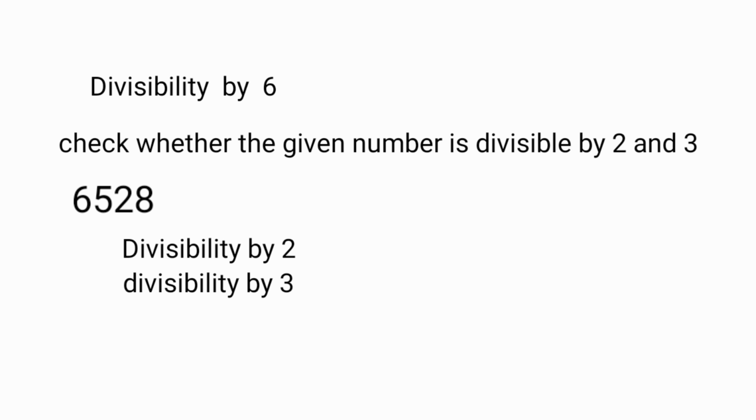To check the divisibility by 2, what is the condition? The digit in units place must be either 0 or an even number. Here, the digit in units place is 8. 8 is an even number. So, this number is divisible by 2. So, one condition is satisfied. Now, to check whether this number is divisible by 3, what we have to do?